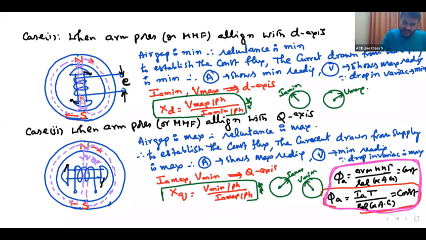But when flux linkage is maximum, the induced EMF is minimum, 0. Induced EMF is equal to d psi by dt, which will be 0. Psi maximum, E will be 0. Whereas in the second case, flux linkage is minimum, but induced EMF is maximum.